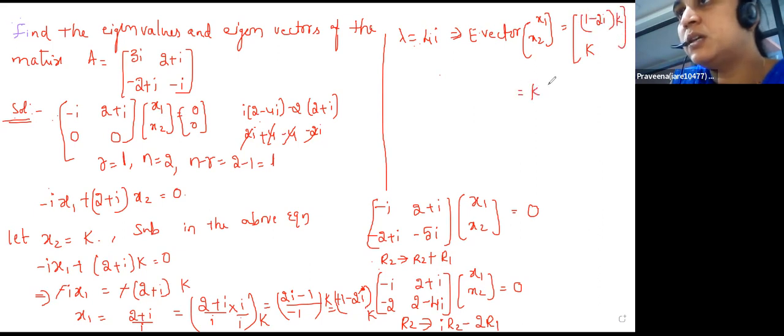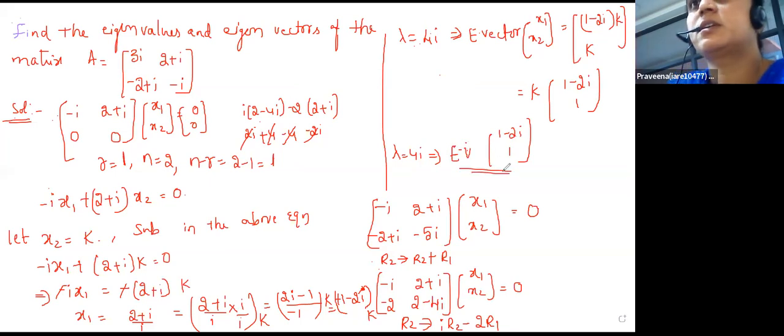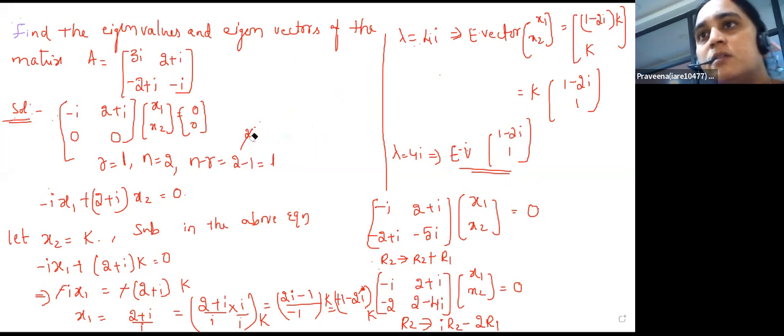Take k outside, therefore 1 minus 2I and 1. Therefore, what is the eigenvector for that? 1 minus 2I and 1 is the eigenvector if lambda is equal to 4I. Write down. This is the first case. Is it clear? Any doubts? This is rough part only.